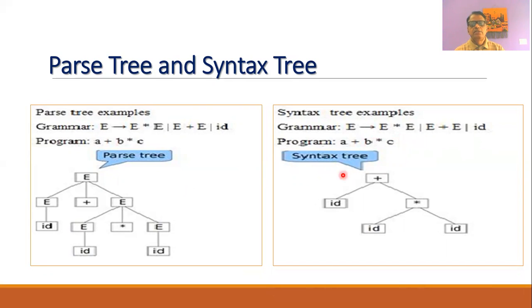Then the syntax tree for the input string A plus B star C is plus, ID, star, ID and ID, where the first ID is for A, the second ID is for B, and the third ID is for C. So one can easily understand the difference between the parse tree and syntax tree: in the syntax tree, each node represents the computation or operation to be performed.